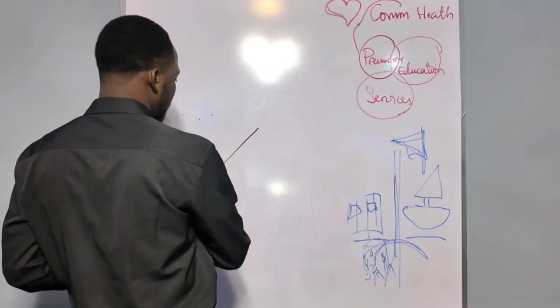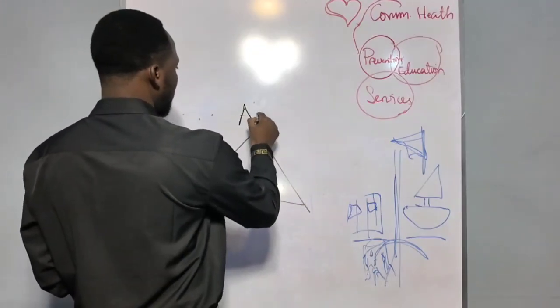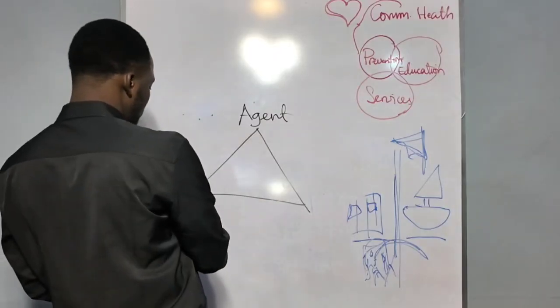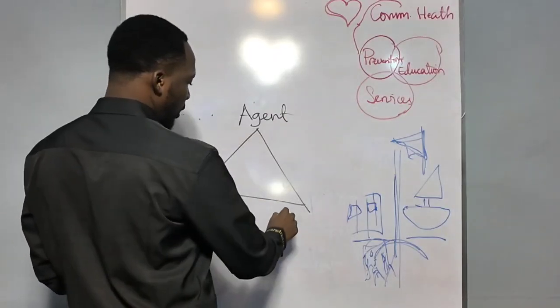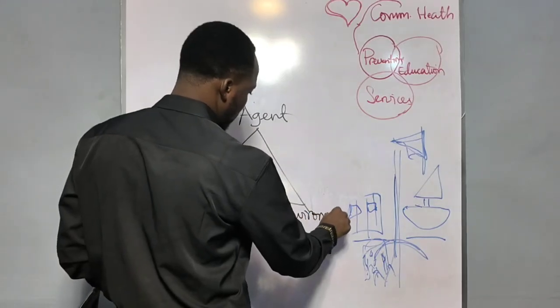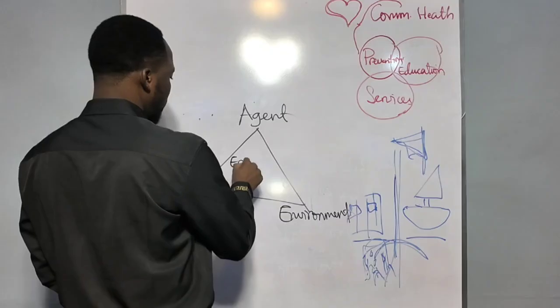So we are looking at the agent, we're looking at the host, and we're looking at the environment. This is the epidemiological triad.